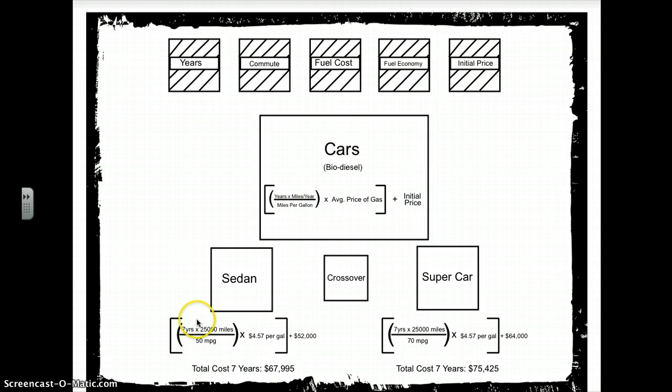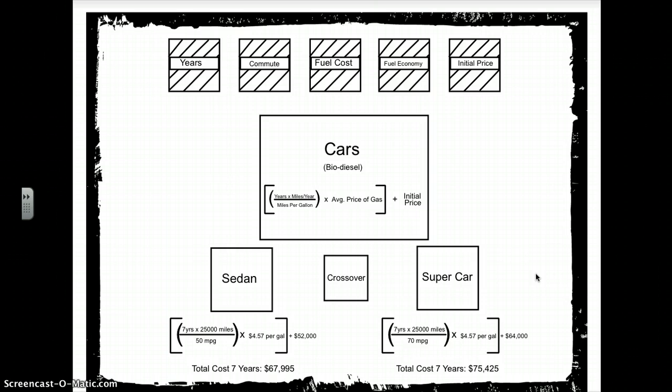So if we're talking about 7 years, the sedan, 7 years times 25,000 miles per year at a rate of 50 miles per gallon times the price per gallon plus the initial cost. So the total cost here for 7 years is $67,995, whereas the supercar after 7 years is $75,425. So it'll be interesting to see after 20 years which one will make most sense.